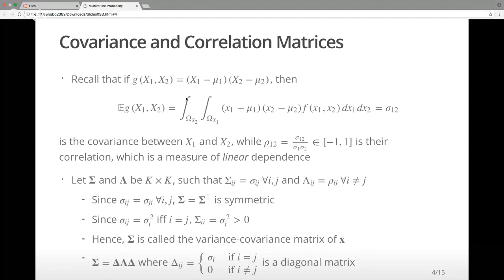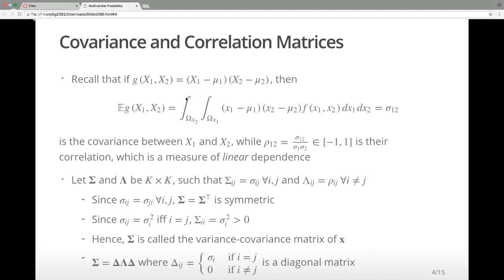As we said before, since the covariance between variables i and j is equal to the covariance between j and i, sigma is going to be a symmetric matrix. Along the diagonal, covariance of a variable with itself is really just a variance, and so we have variances along the diagonal, and that's where the name variance covariance matrix comes from. But we can write sigma as the product of three matrices, one of which is the same.